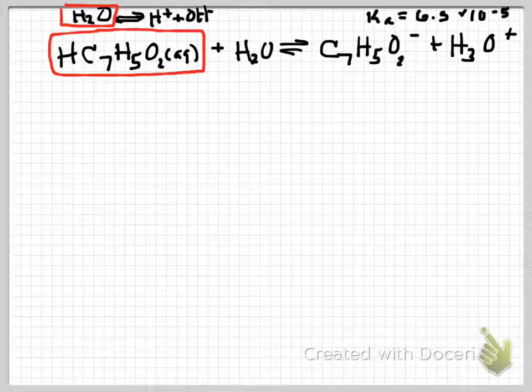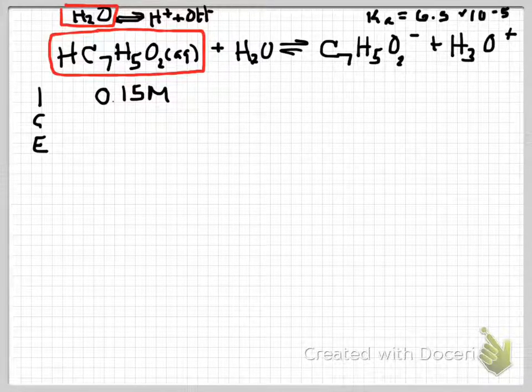We're going to solve this using the ICE table technique: initial, change, equilibrium. From the previous page, the initial concentration of the benzoic acid was 0.15 molar. The water concentration doesn't matter. Our conjugate base was initially 0.0, and our hydronium ion is 0.0 molar.